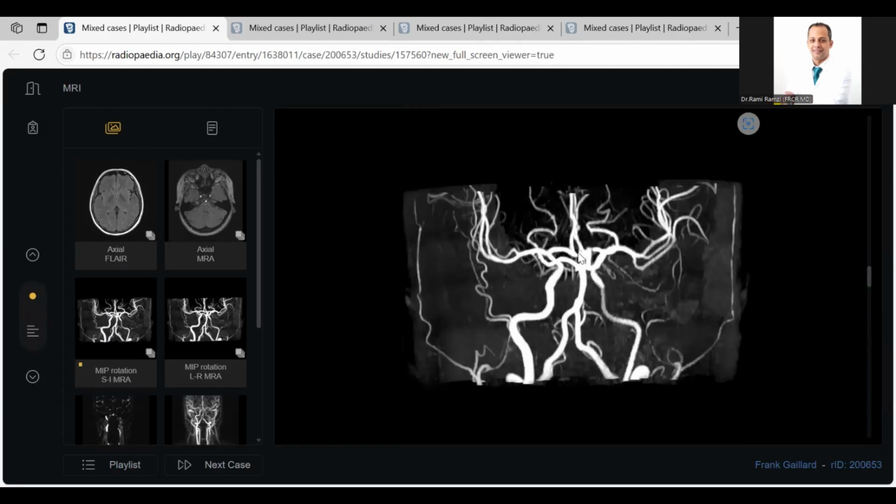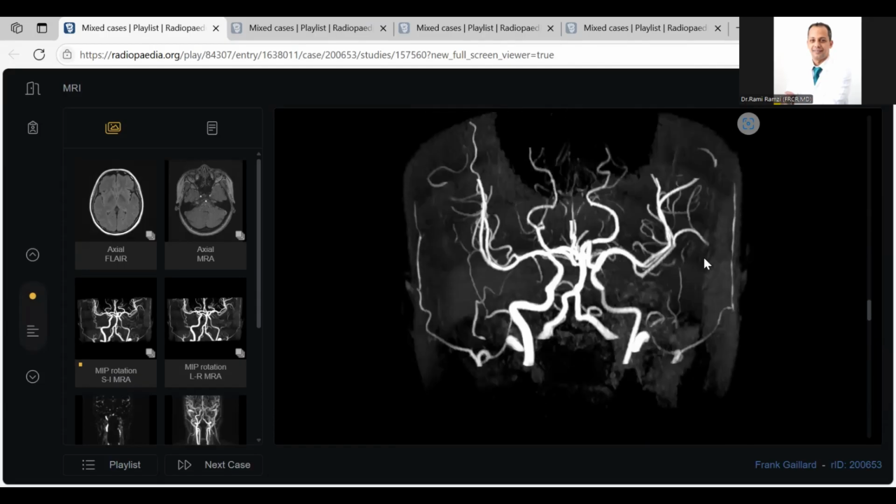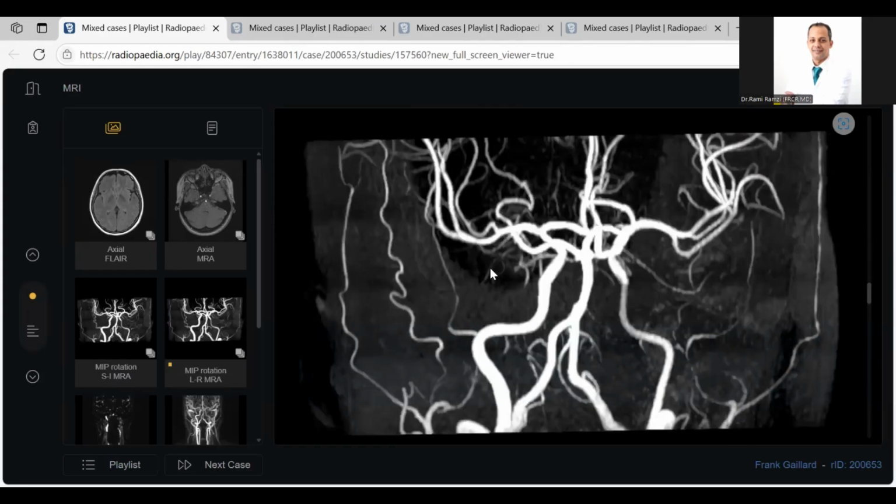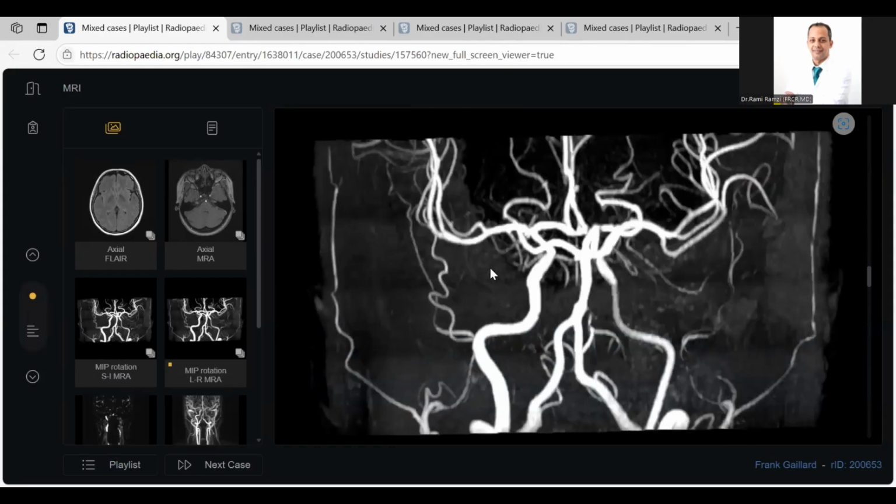So I told you that the clinician requests an MRA of the circle of Willis and an MRA neck. This is the MRA circle of Willis. Okay. So I'm looking at the MRA, just looking at the vessels. So I'm going to trace.